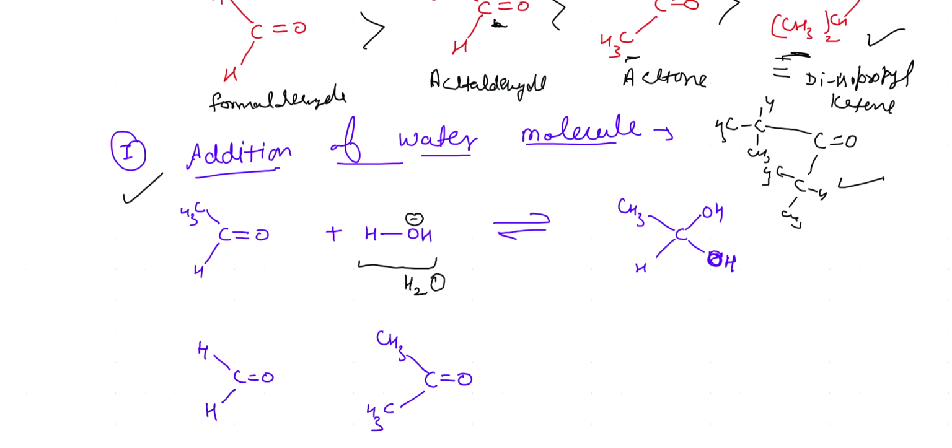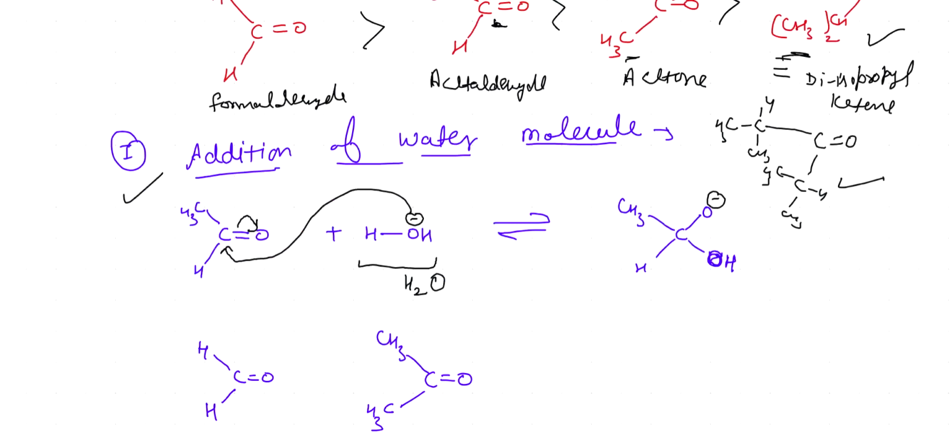As I have discussed the nucleophilic addition mechanism in generalized form, first the nucleophile attacks at the carbon and these pi electrons get shifted towards the oxygen. Clear? Thus forming an alkoxide.